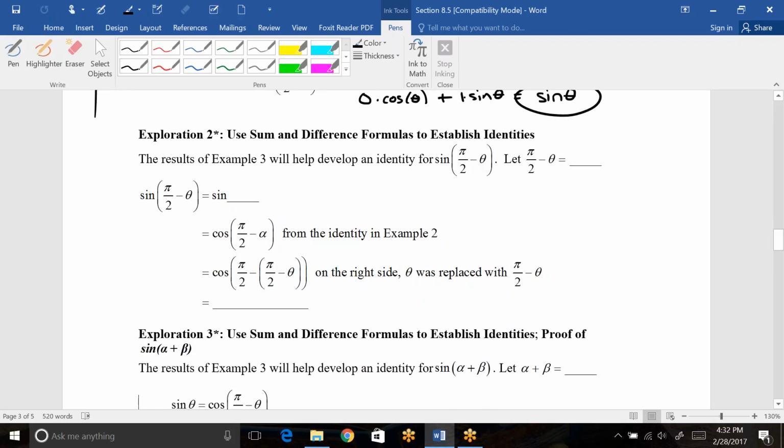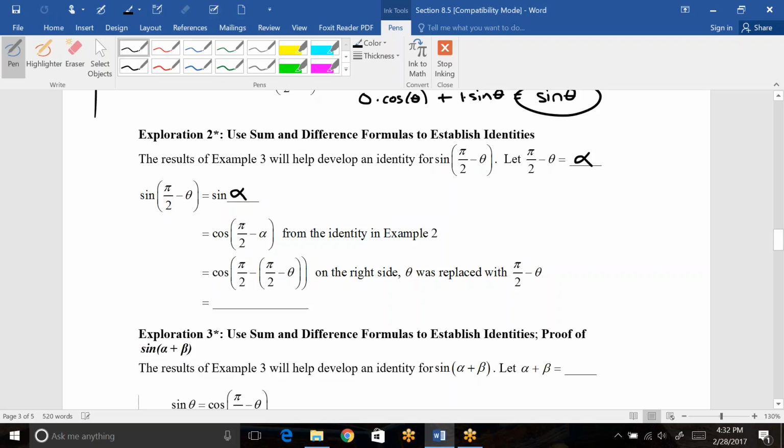Then what we could do here, this next piece says the results of example 3 will help us find an identity for sine of pi over 2 minus theta. So let's choose a different name for pi over 2 minus theta. That'll be alpha. Then this whole thing would be sine of alpha.